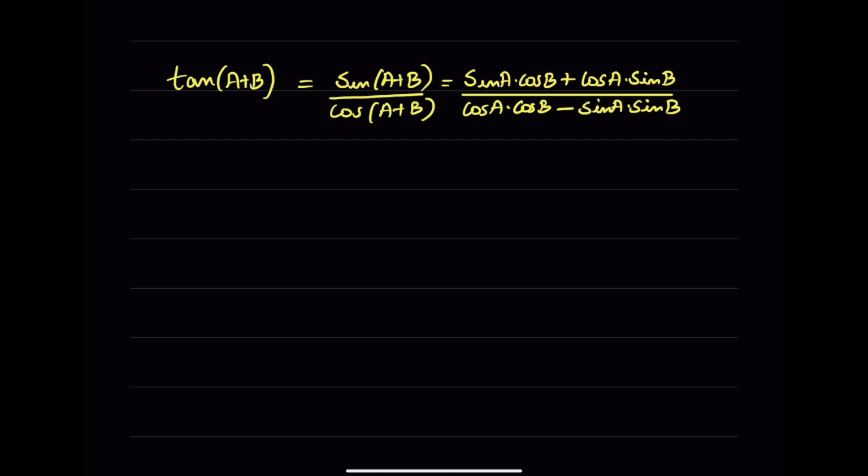Now let us divide the numerator and denominator by cos a times cos b. So we are going to divide the numerator and denominator now.